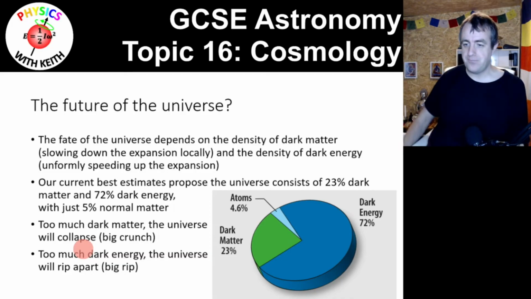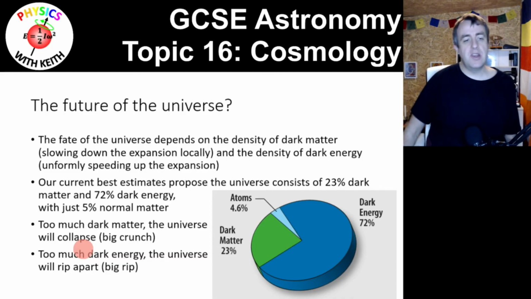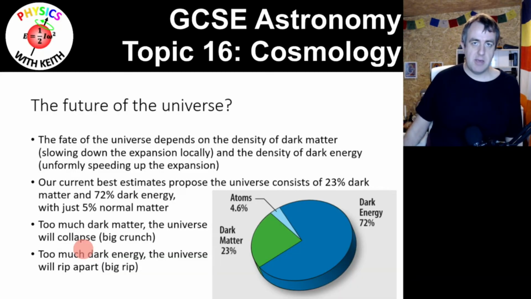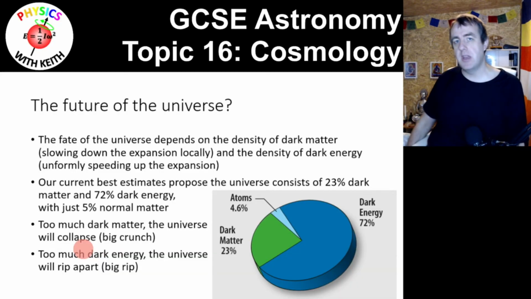Now those two quantities, dark matter and dark energy, are closely tied to the fate of the universe. A joke that annoys me: people say, don't trust atoms, they make up everything. It really bugs me, because it's simply not true. And this pie chart is also not true, because it has atoms at 4.6%.